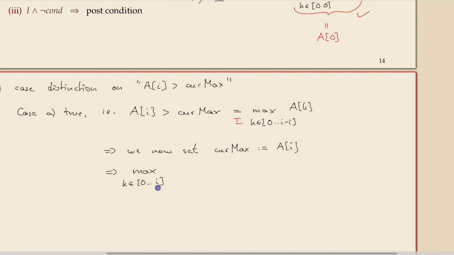What that means is I can now extend the range of this maximum in the loop invariant for one more index, and it will still be true. Because we've seen the current maximum, so the maximum of the elements up to position I minus 1, that was current max, but A of I was even bigger. So clearly A of I is the maximum of everything up to position I. It's just rephrasing this again.